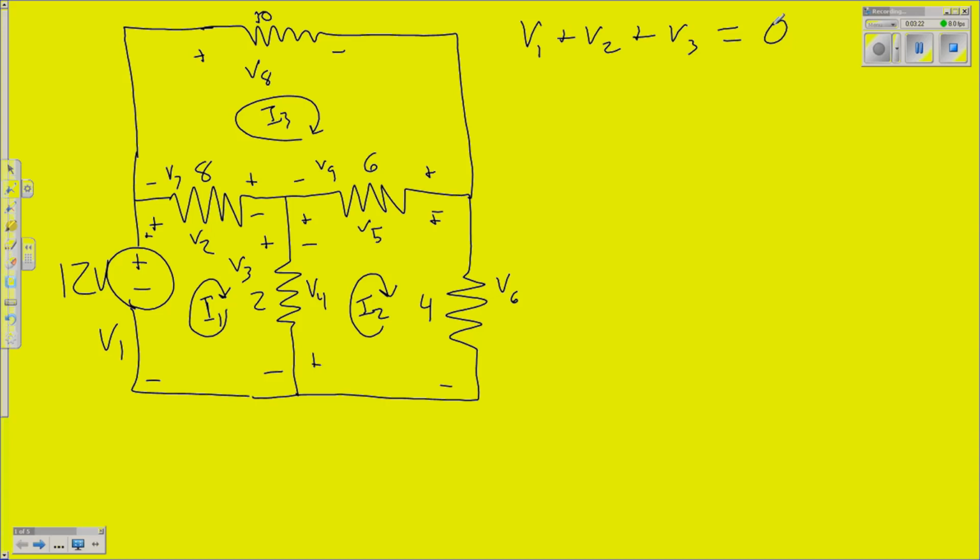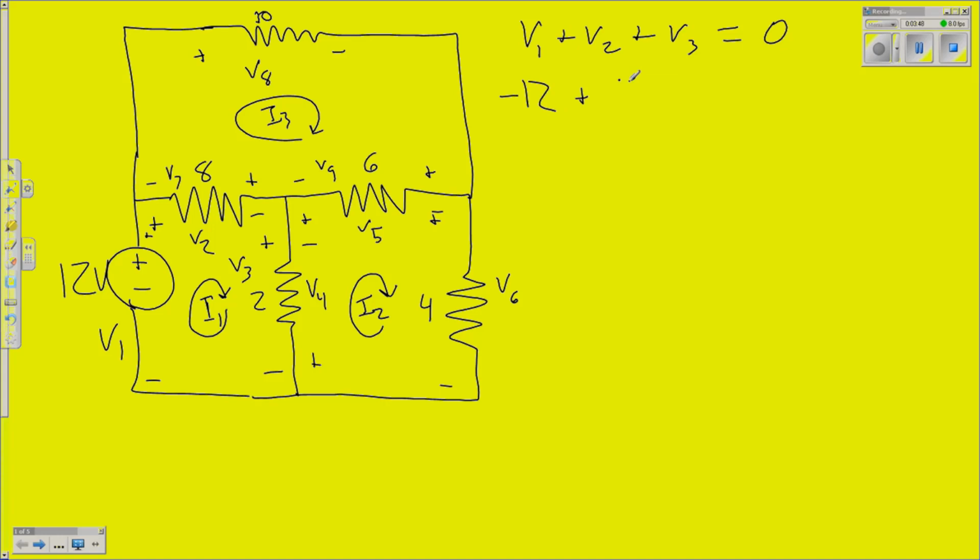So V1, well, that's easy. That's just 12. But if you remember from the direction of our I1, we're coming through the negative terminal. So we're going to subtract that. We defined V2 as going from positive to negative. So we add V2, and we can replace it with this.